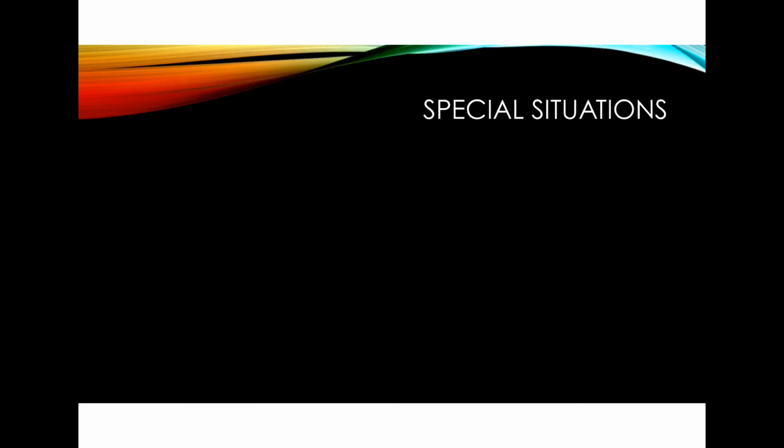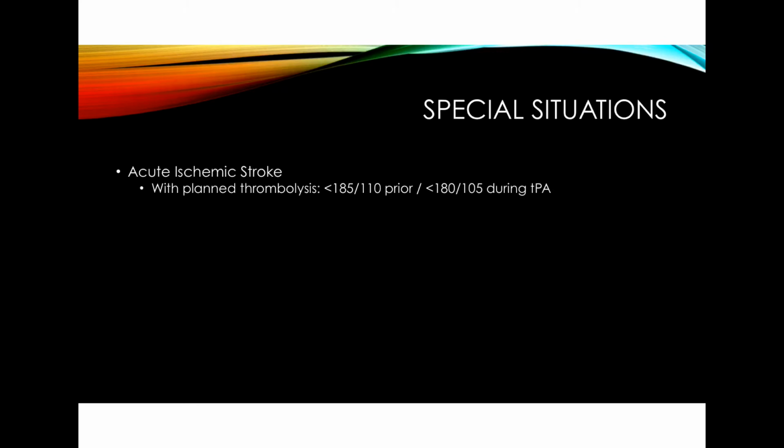Certain special situations include patients with acute hypertension in the setting of an acute ischemic stroke. In these patients, if TPA is being planned, aim to lower their blood pressure to less than 185 over 110 prior to the administration of TPA, and aim to control it to less than 180 over 105 while the TPA is running.